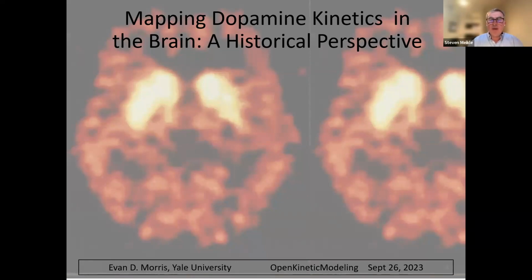So my name is Steve Meikle, and I have the pleasure of introducing our first speaker. Evan Morris is Professor of Radiology and Biomedical Imaging at Yale University. He's been working in PET for 30 years.